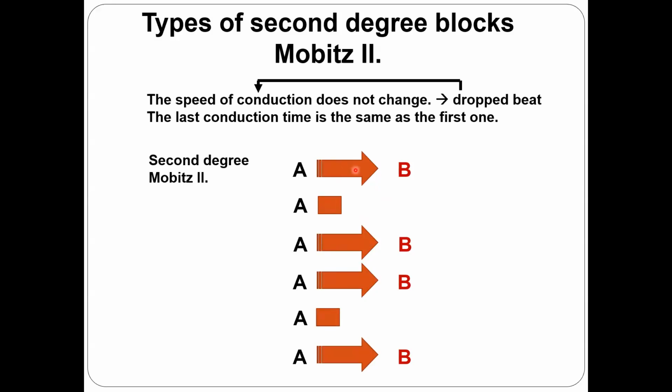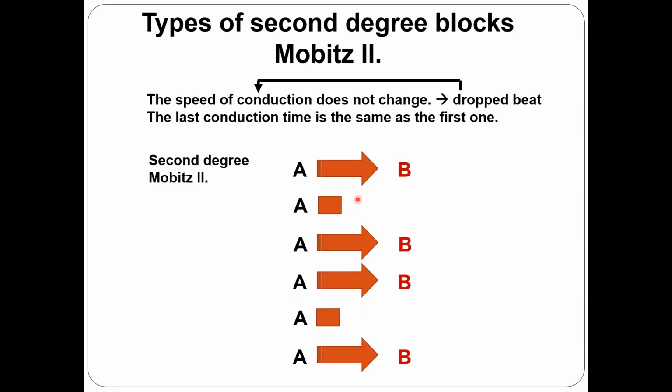It was the same in the first, the second, and the third, but in between we have an unconducted beat. By definition, the second degree block has only one unconducted beat between two conducted ones.